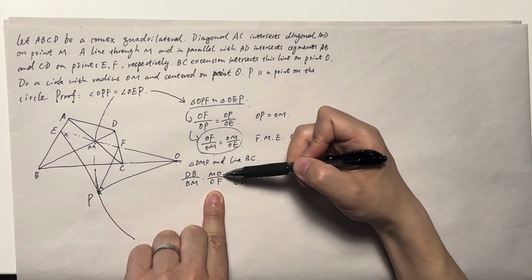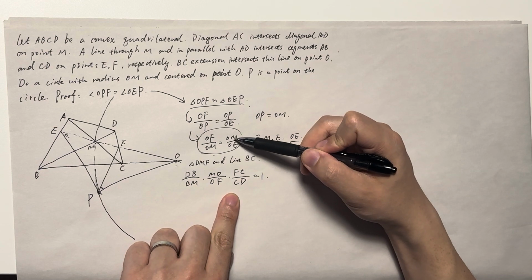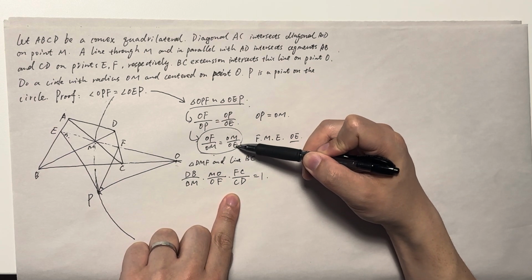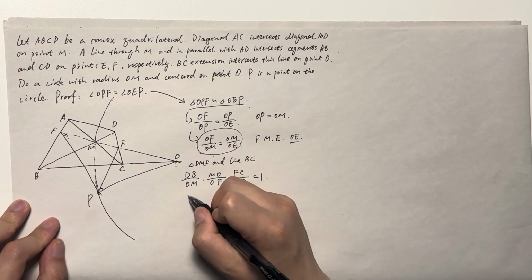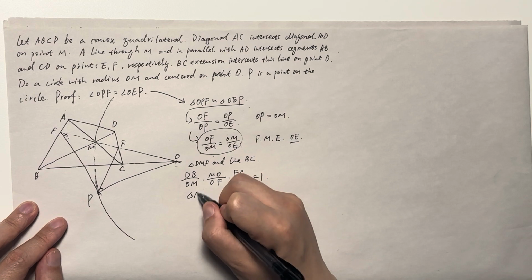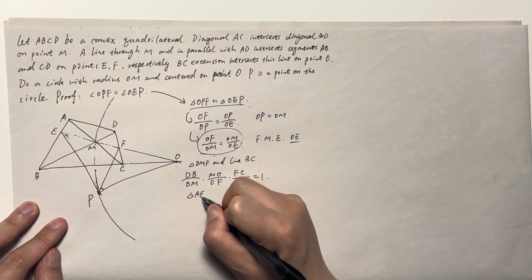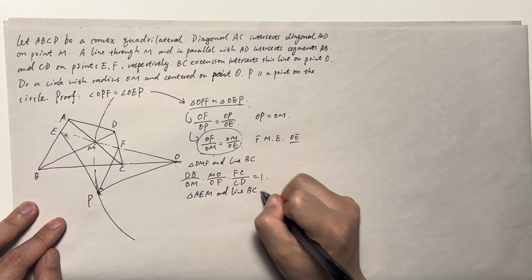Now we can see we have MO over OF here, and now we want to have EO over MO in another equation. So similarly, we apply the Menelaus theorem to the triangle AEM and line BC.